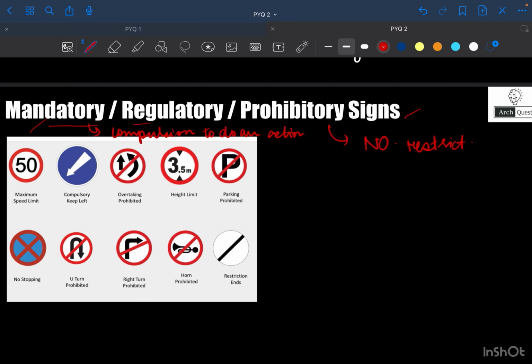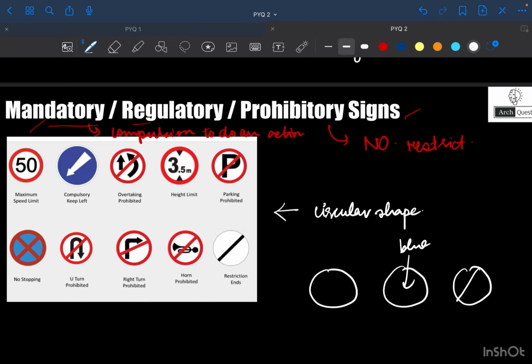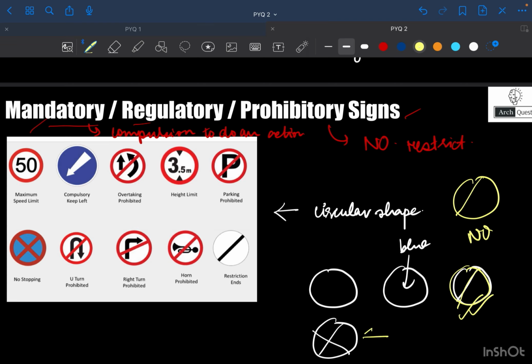Okay, so again let's follow the same pattern. In all the signages, do you see a pattern? Is there something common? It's the circular shape. Okay, but there is again a difference also that I can see. In one I see it's a circle, in one I see it's blue, in one I see it's like this. Okay, it's crossed out. In one it's like this. So generally when something is crossed like this, it means do not do it, no, right? So that becomes a prohibitory sign. So prohibitory is this. This is also prohibitory because it's saying no stopping. It's restricting you from doing something. Okay, this is also prohibitory. Apart from that, only the circles, they would either fall in mandatory.